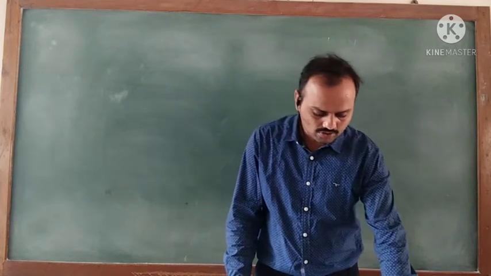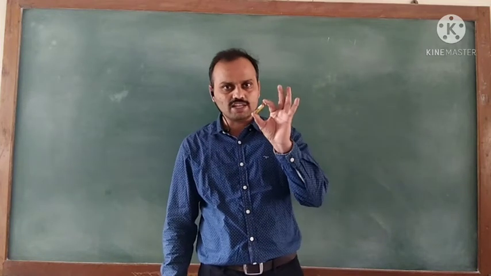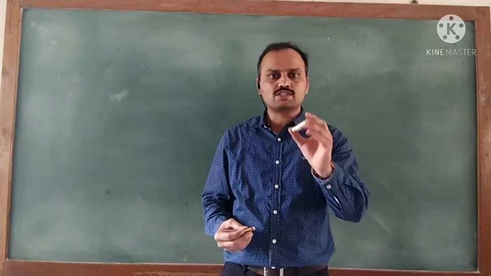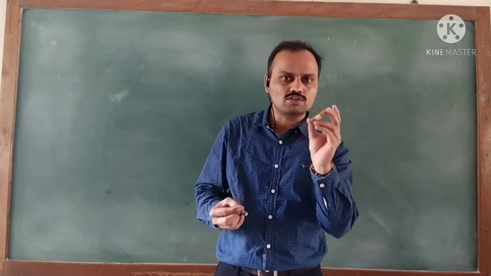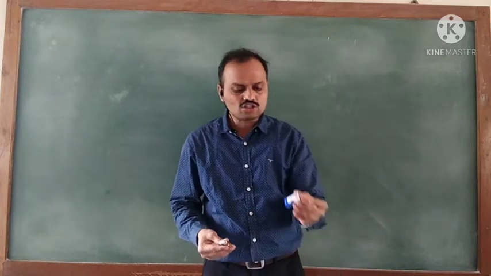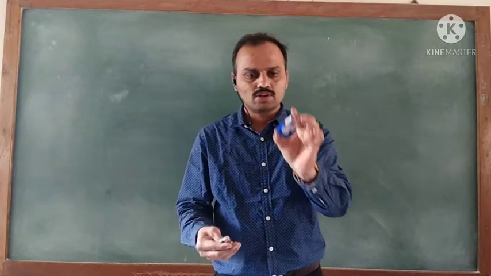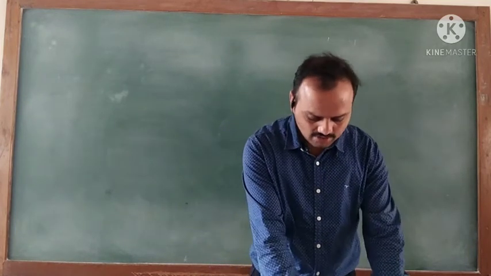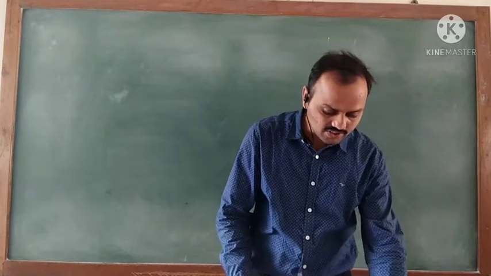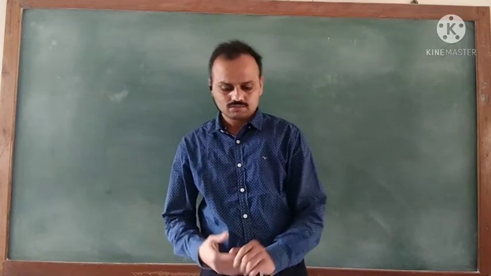Students, for today's experiment I have taken TV remote cell, wall clock cell which is used in our general wall clock, third is torch battery cell, and fourth, I have taken wristwatch cell. All 4 of these different types of cells we will use for today's activity.